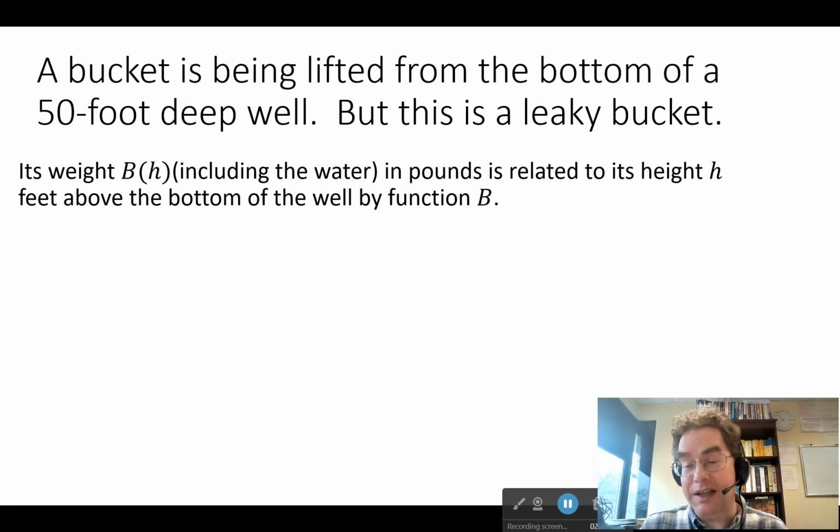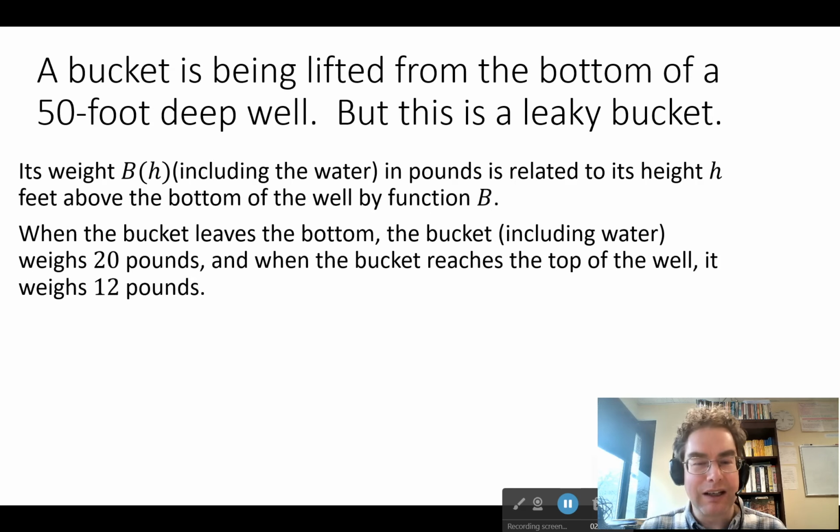And this is going to give us a function relationship. The bucket will only have one weight at a given height. And here is the information that we have about that. When we first start raising that bucket, when it's at the bottom of the well, it is all the way full of water and it weighs 20 pounds.